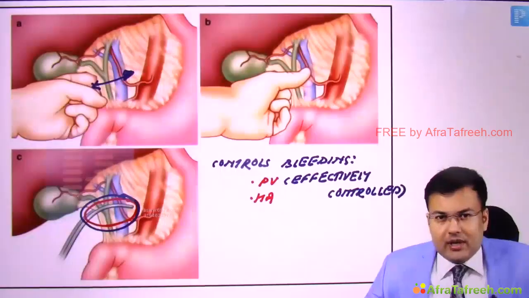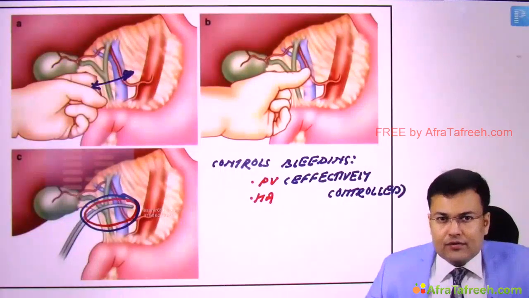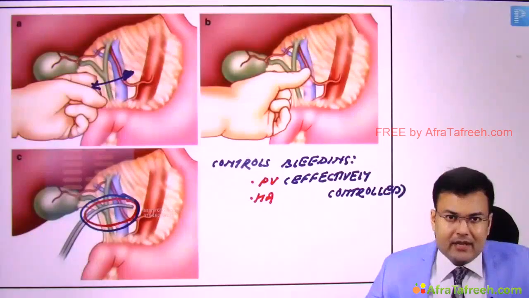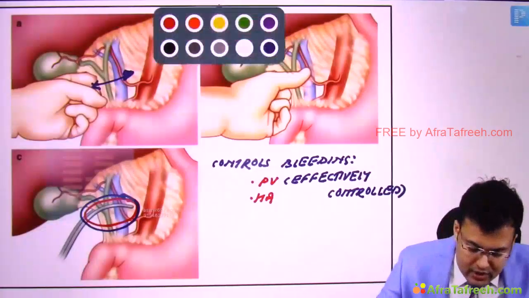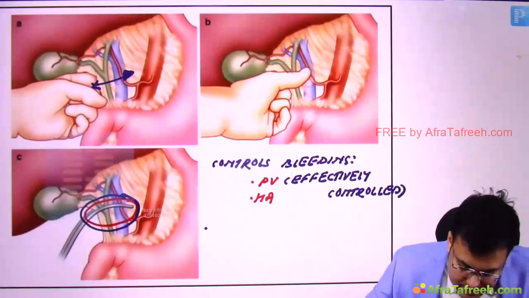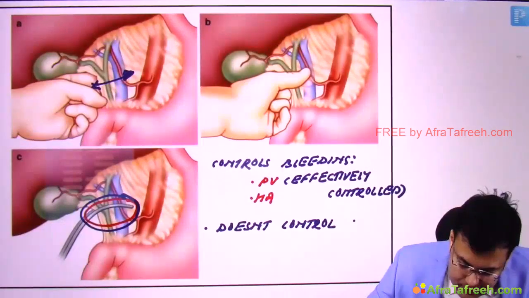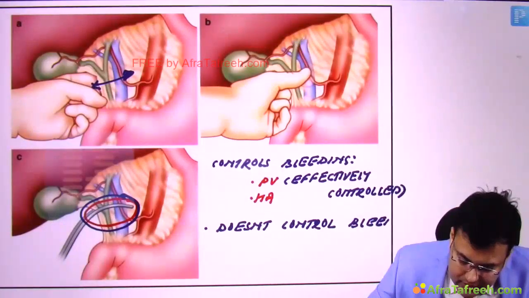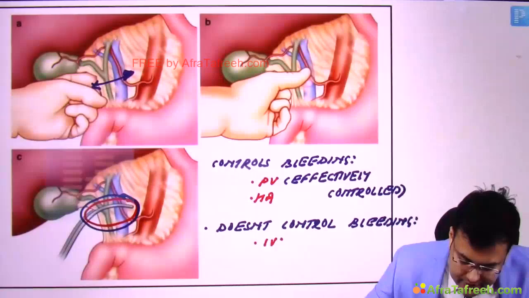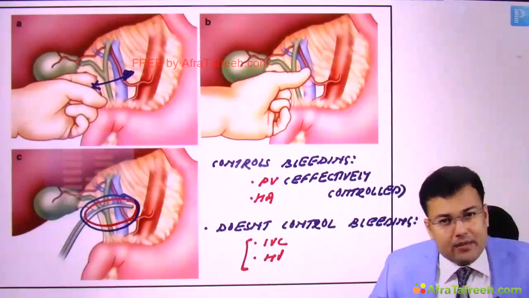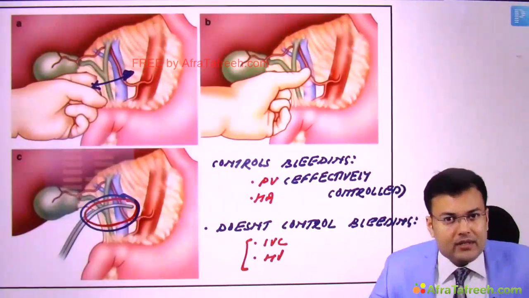Second important point, bleeding is not controlled from the IVC and hepatic vein. Why? Because these structures are not occluded in Pringle's maneuver. So another important point, Pringle's maneuver doesn't control bleeding from the inferior vena cava and hepatic vein.